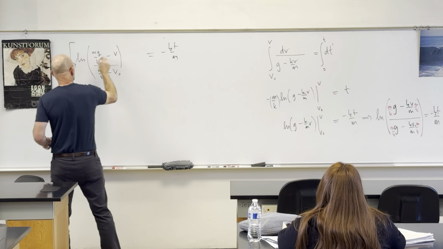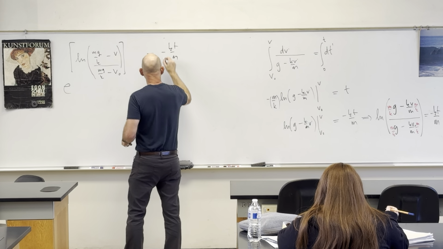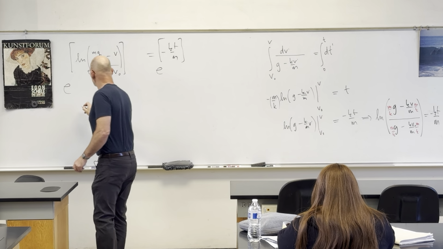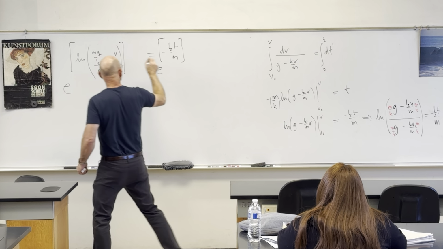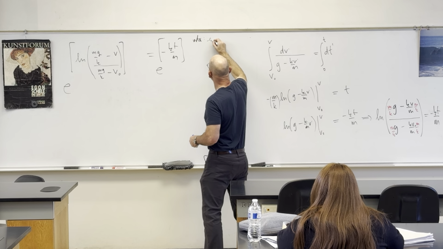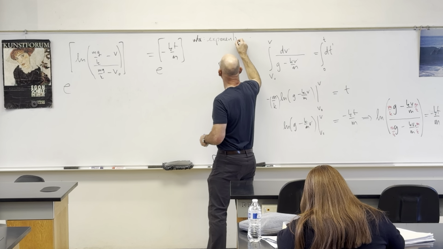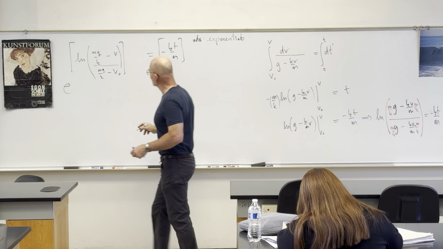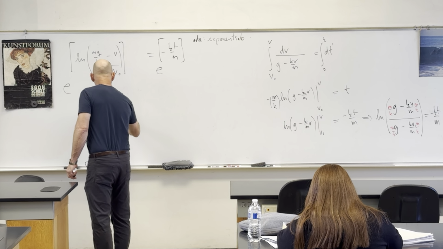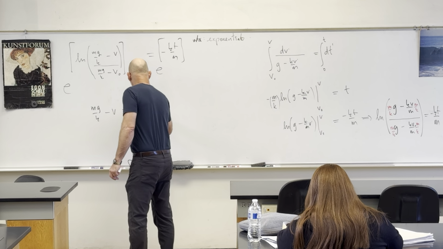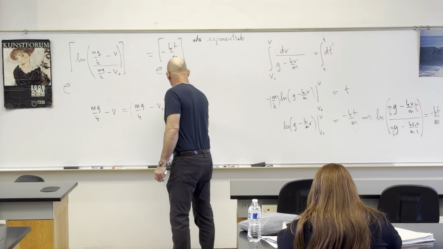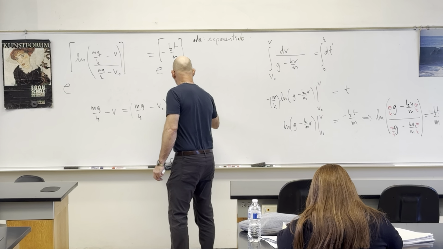E to the this, e to the this, and then see what comes out. So we ended up with mg over k minus v is equal to mg over k minus v naught times e to the minus kt over m.